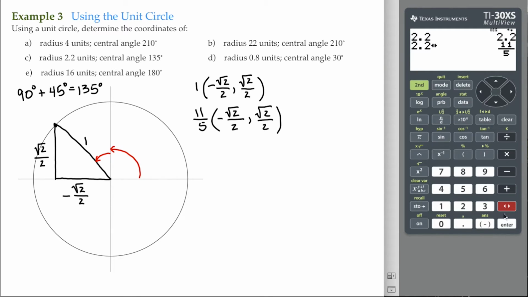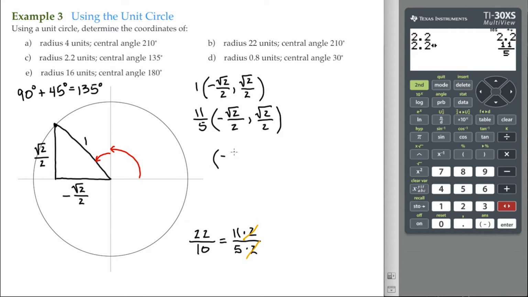Now, if you don't have this conversion key here, 2.2 is 22 divided by 10. 22, that's 11 times 2. And 10, that's 5 times 2. And these common factors will cancel, and there's your 11/5. So now I'll just multiply the 11/5 to each coordinate here.